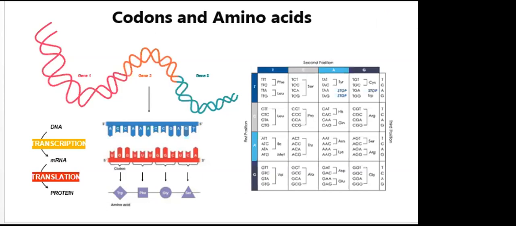Like on that table, you could see TTT. If the nucleotides are being read and you see a set of three T's, that is thymine following each other, the chances are that during translation, they will form the amino acid phenylalanine.